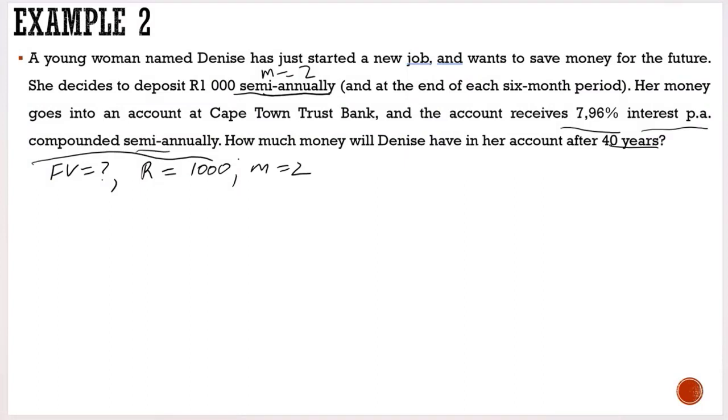Your interest is equal to 0.0796. You know that your T is equal to 40. This implies that your number of payments is equal to M multiplied by T, which is 2 multiplied by 40, which is equal to 80.